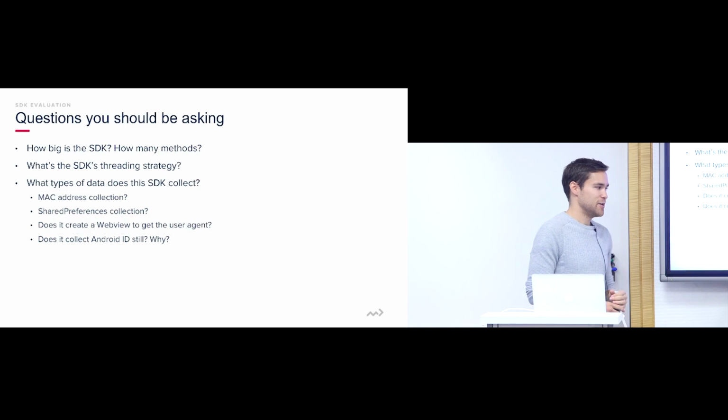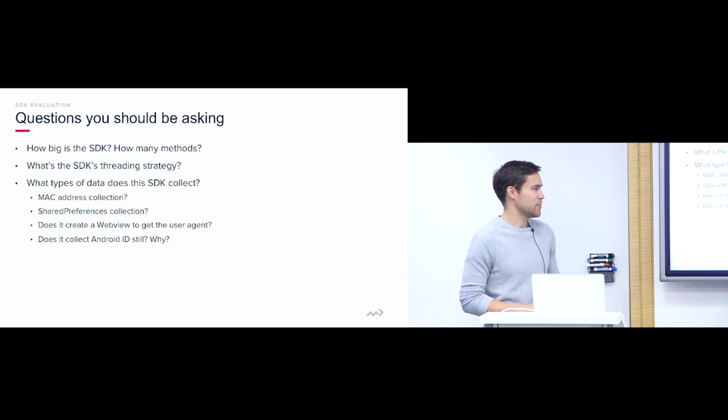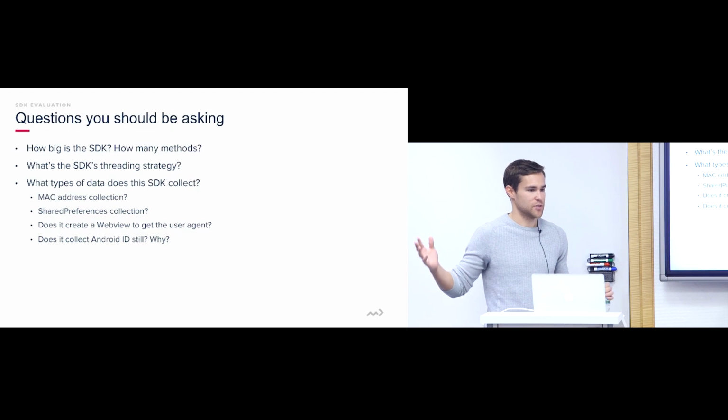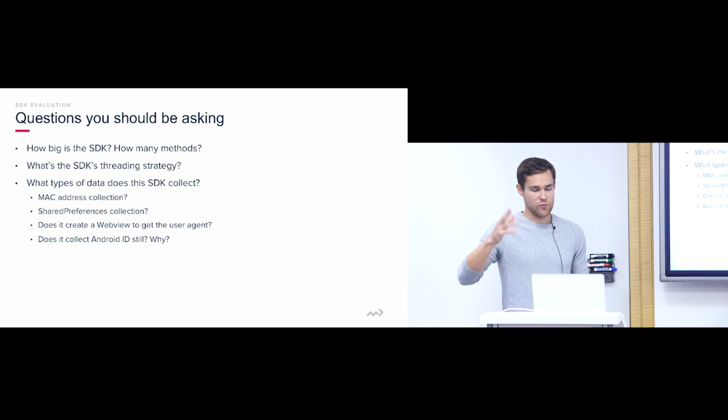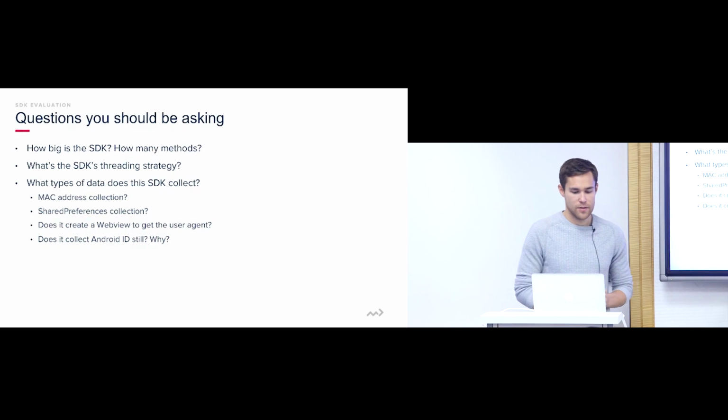If your app isn't using any web views, that could leak threads that will never be used again, just for the purpose of creating the web view. On Android 4.2 and later, there's a static method that these SDKs should be using. So that's another thing to look out for.